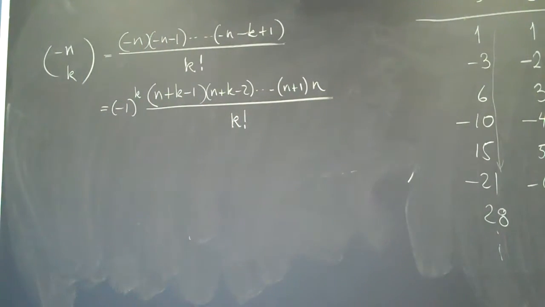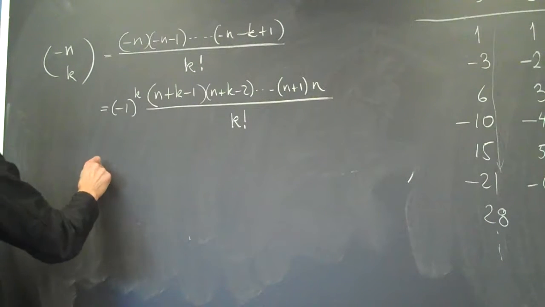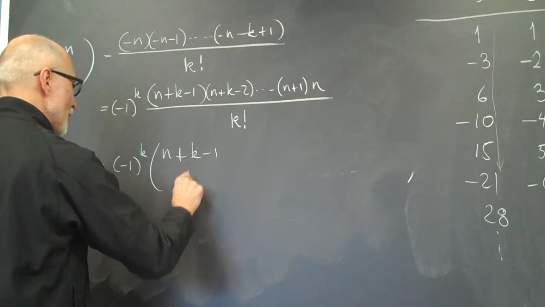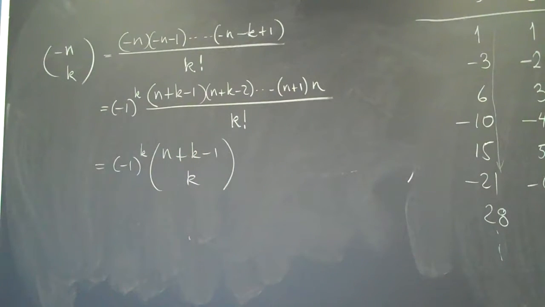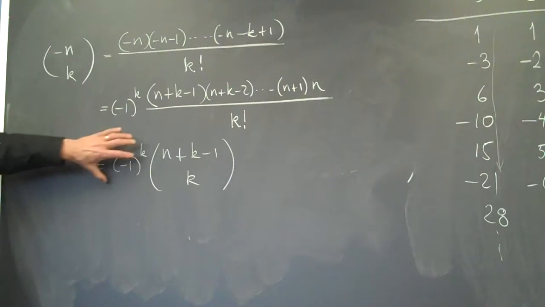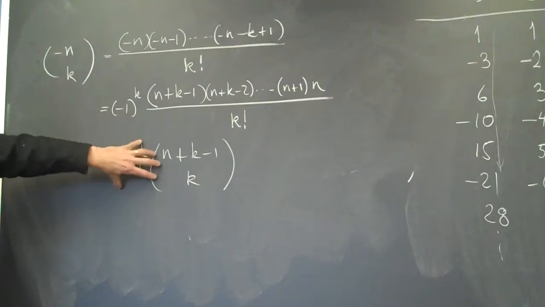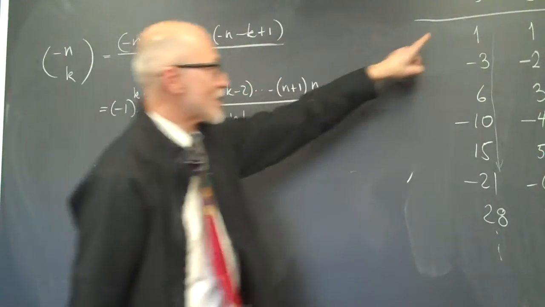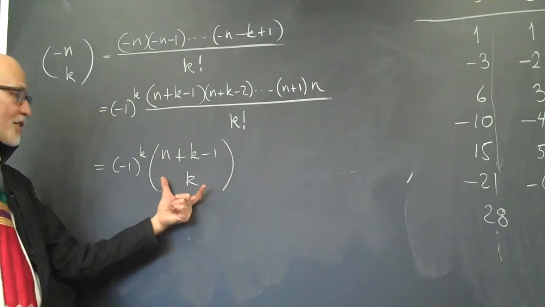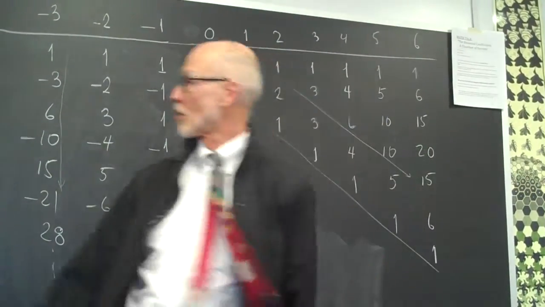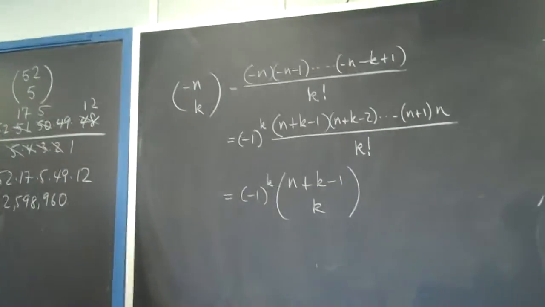And there are exactly k entries on the top, and so this will be equal to minus 1 to the k, n plus k minus 1 choose k. So the negative one, well, I could move this to the other side if you like, and that would take away the minuses here, and it would leave me with this expression here. Well, that's exactly this line here, right? It's exactly this line here. So sure enough, these are related.